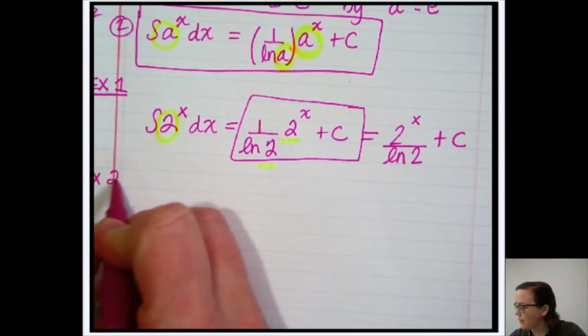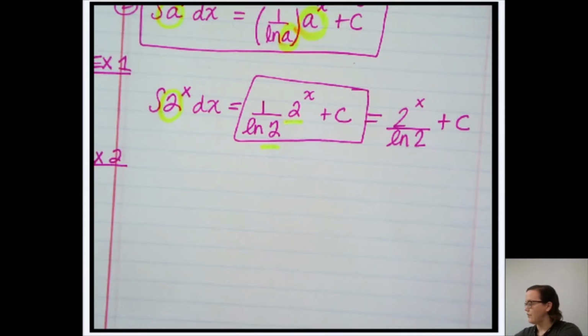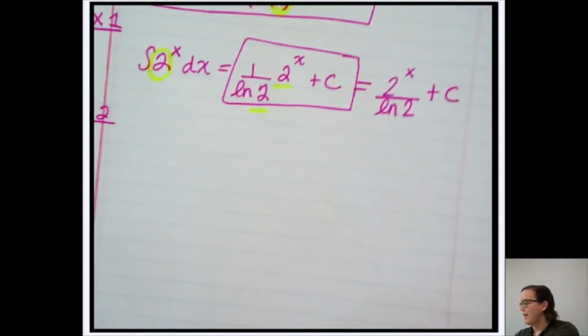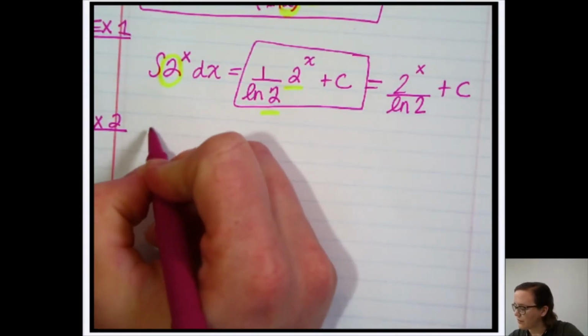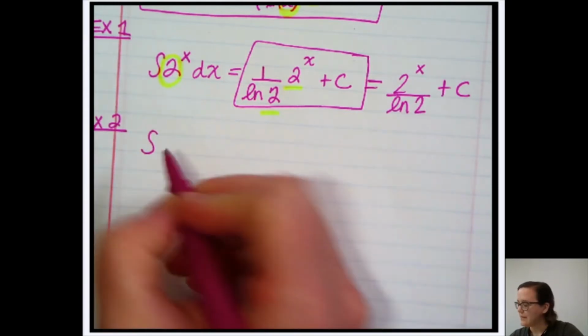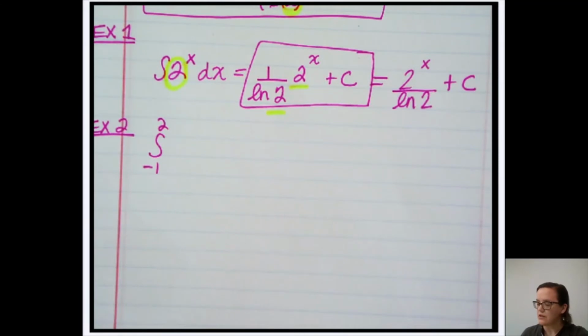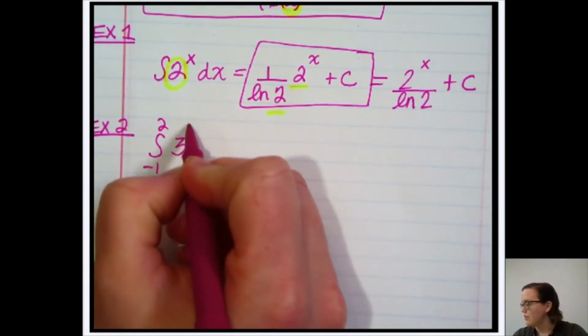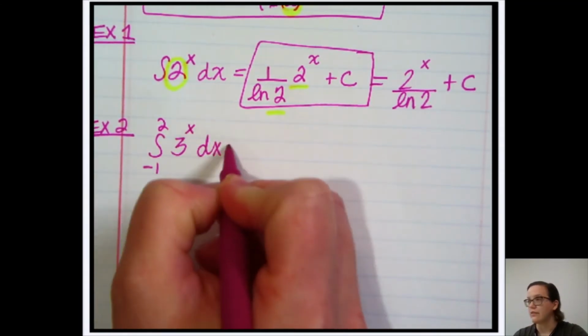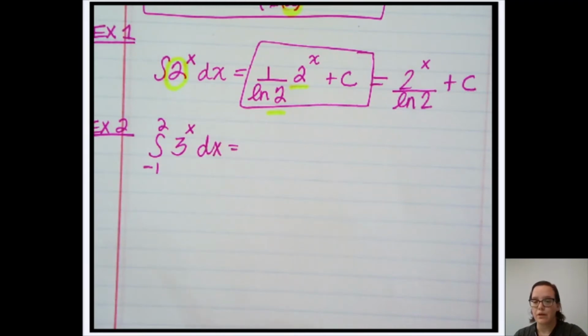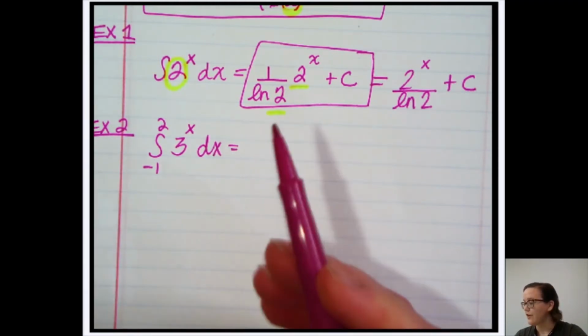What if we have a similar one, but a definite integral this time? This time we do have a left and right limit. We want to integrate from -1 to 2 of 3 to the x dx. This does fit our pattern.